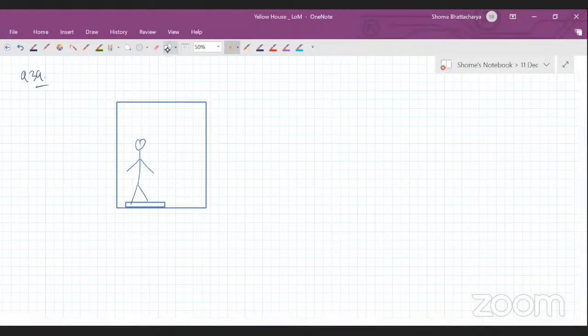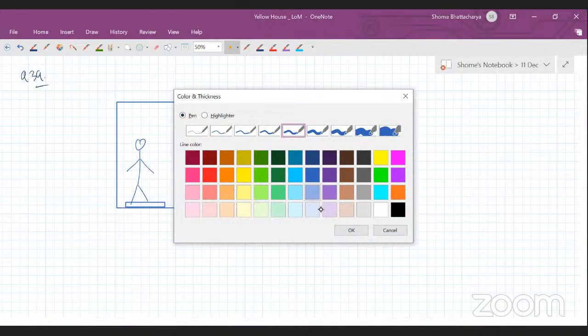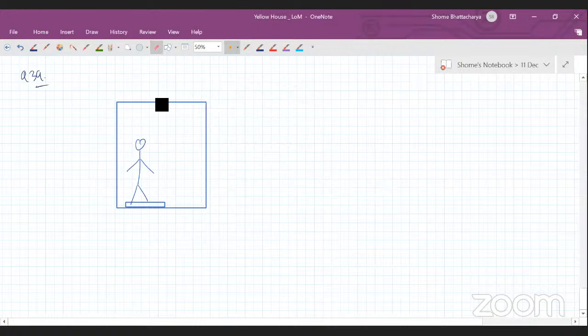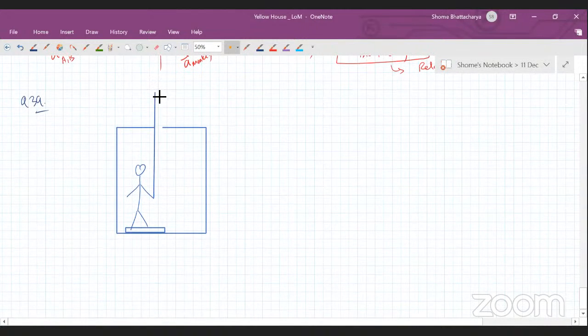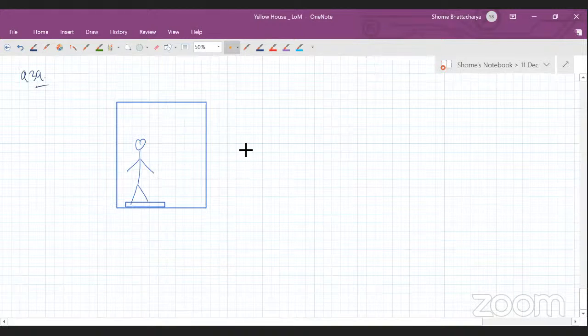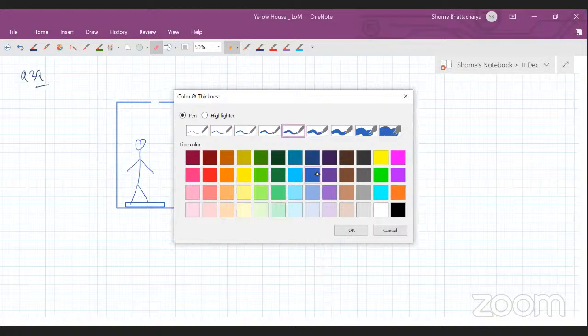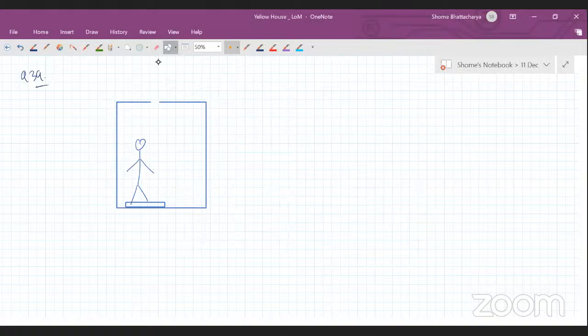While he's standing, he's also pulling down on a thread, or more like a rope. That rope is going through a gap in the box, around a pulley like this, and the other side of the rope is fixed to the box.